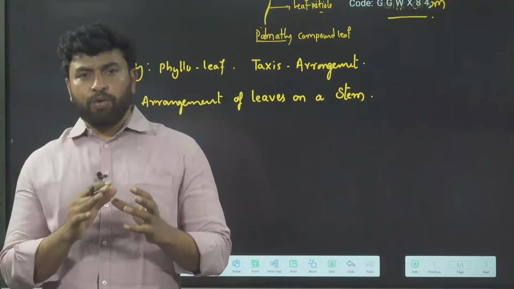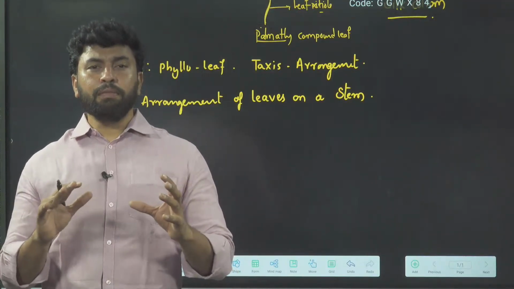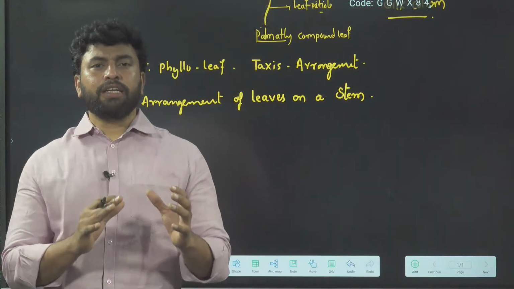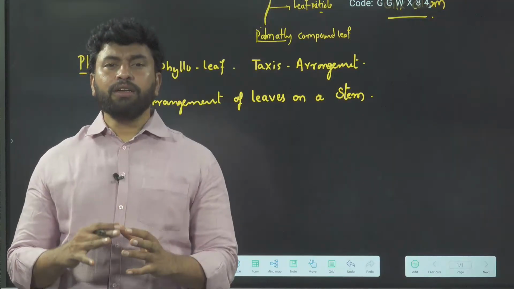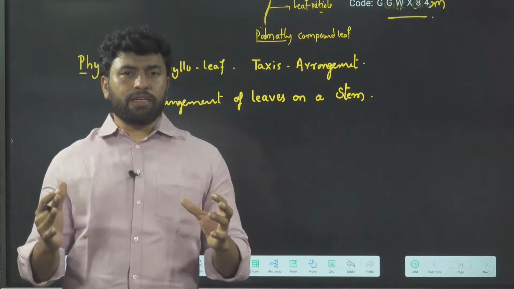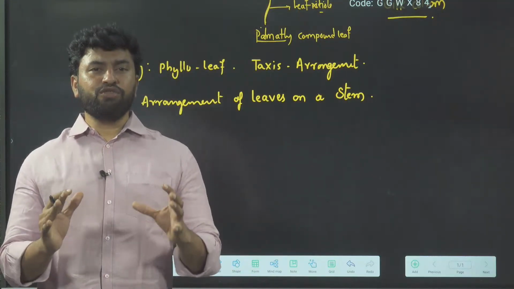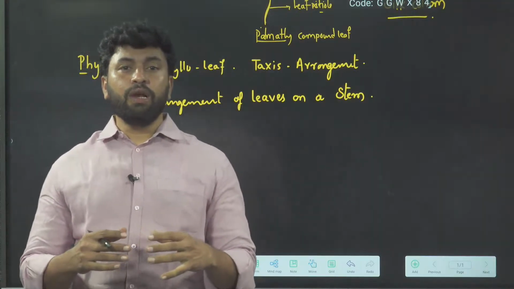That's why the plant makes sure that whatever leaf it produces is exposed to the sun so that it can properly perform its regular activities. In order to expose all the leaves properly, plants have a definite pattern of arrangement of leaves on their surface. This arrangement is called phyllotaxy.